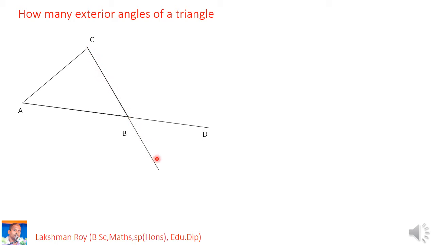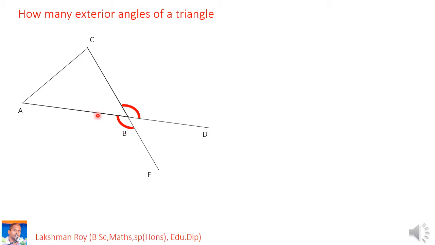Now I am going to produce this CB side up to, say, E, right? Now you can see here the produced AB side and the non-produced side form an angle. So this is defined as an exterior angle, right? So this is one exterior angle.